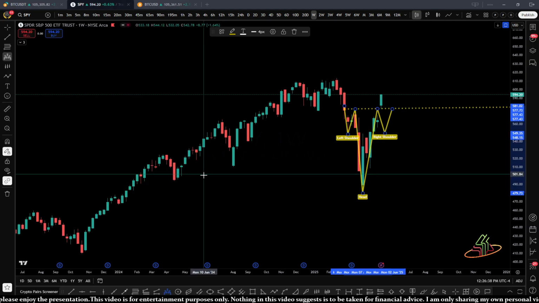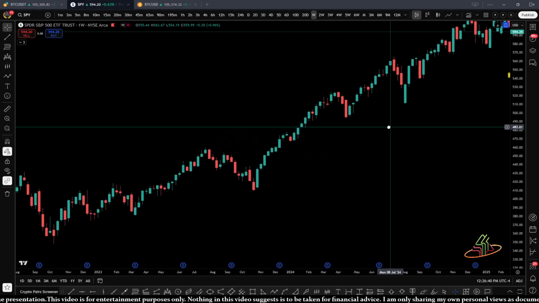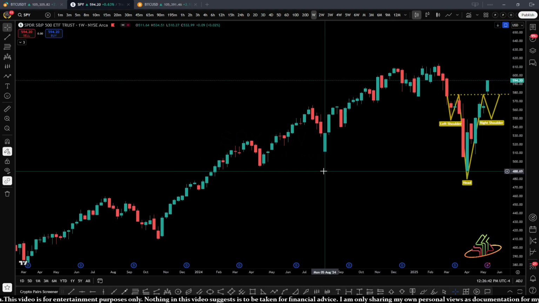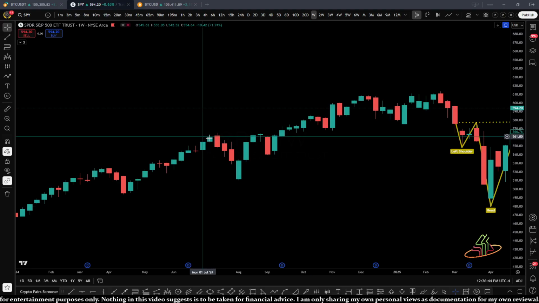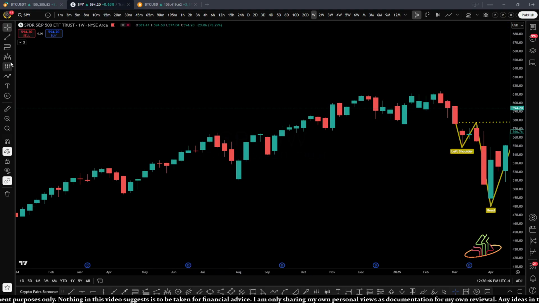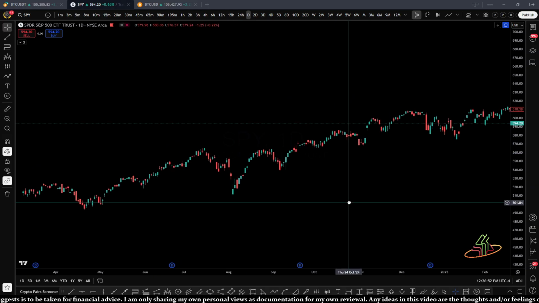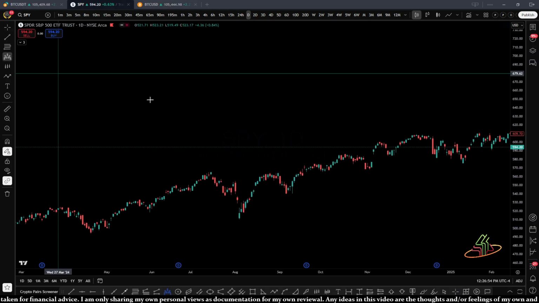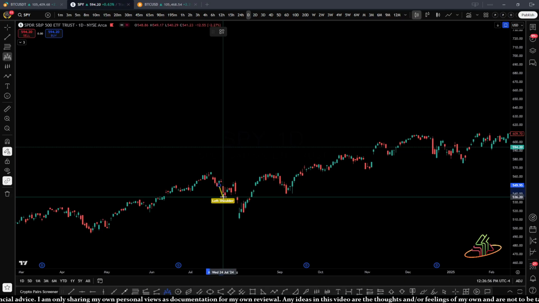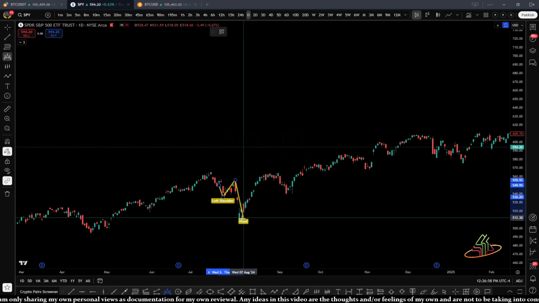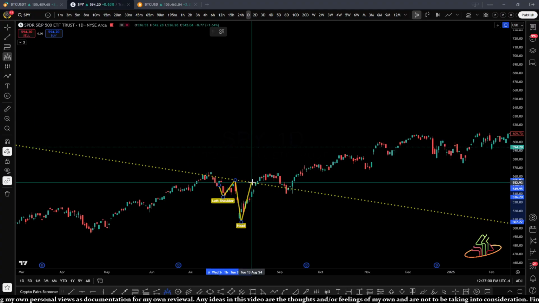So same thing happened again right here last year. You really can't see it on that time frame, but on the daily you should be able to. So right here, I was anticipating the same thing last year, and it just didn't happen.